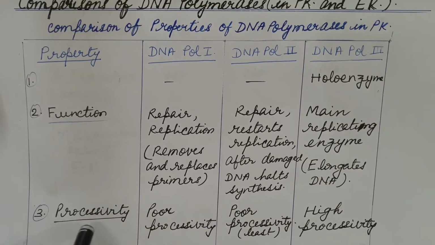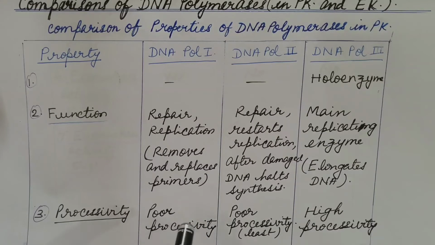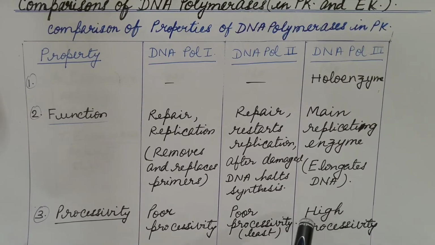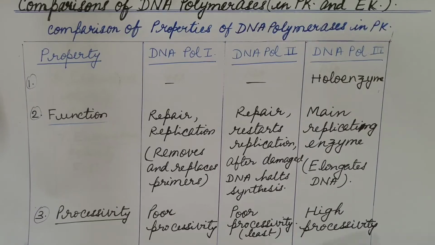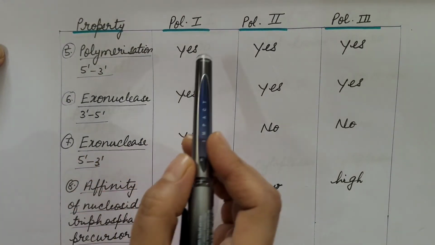Now the processivity. DNA polymerase 1 has poor processivity. Similarly, DNA polymerase 2 has poor processivity. It is the least efficient, with efficiency even less than DNA polymerase 1. And DNA polymerase 3 is highly processive. The 5'-3' polymerase activity.